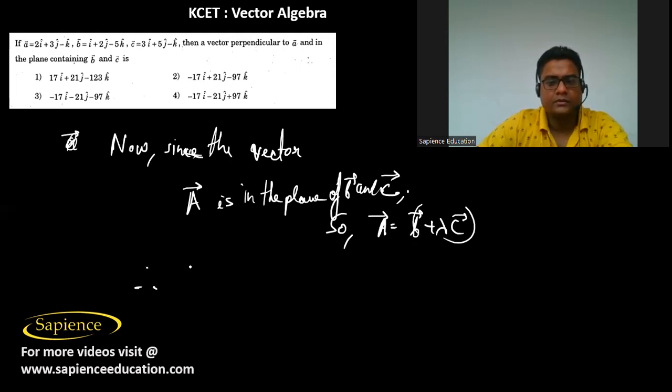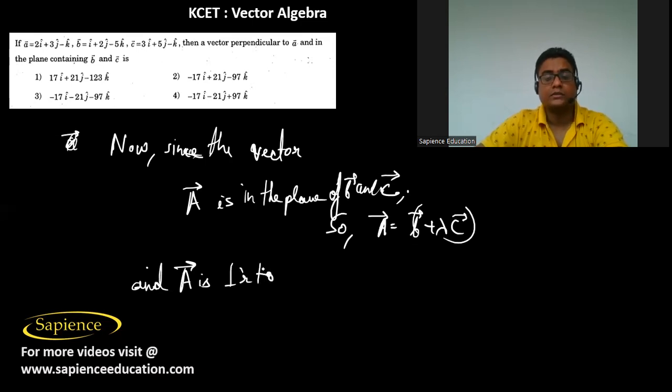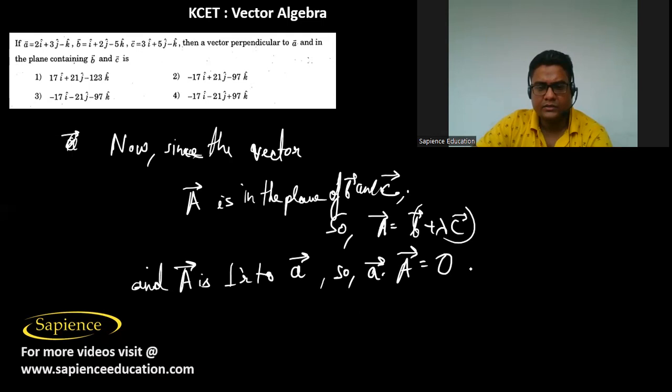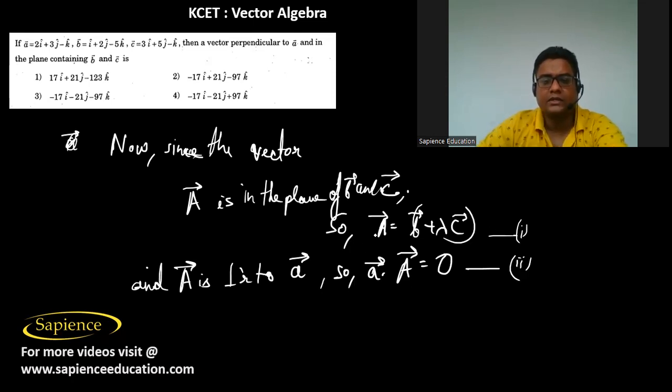So now therefore A' vector, and also we can see that A' vector is perpendicular to the vector A. So I can also say that A' vector dot A will be equal to 0. So these two equations we have to use to find out the value of lambda, and then simply we can place the value of lambda in equation 1 to find out the vector A'.